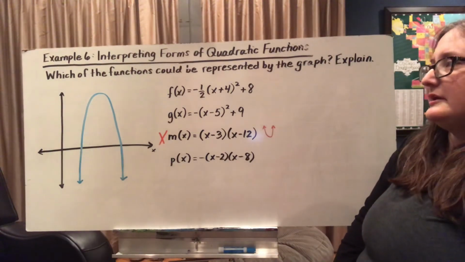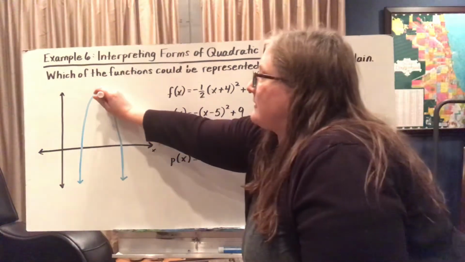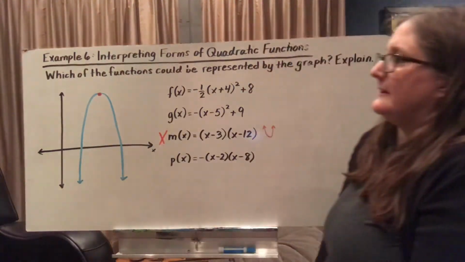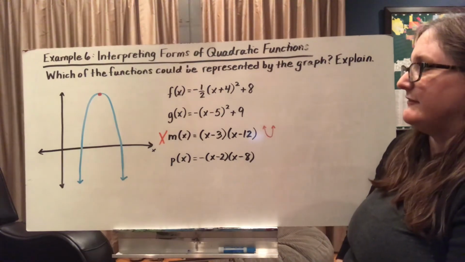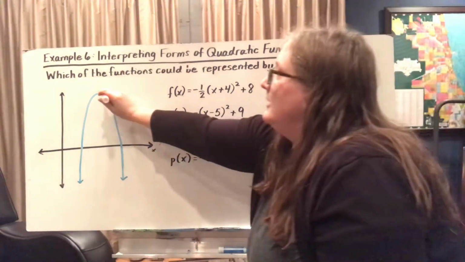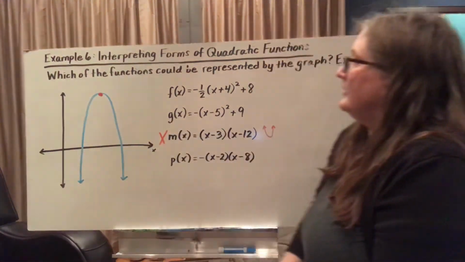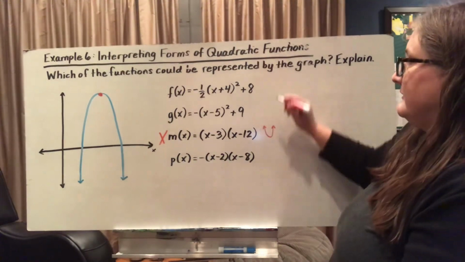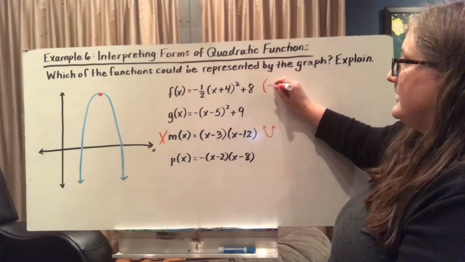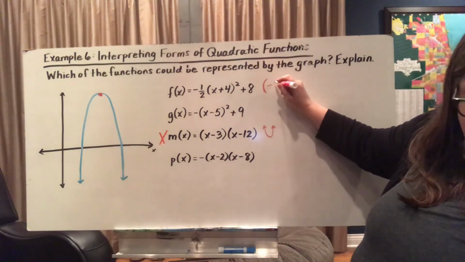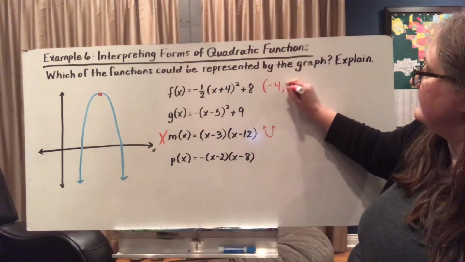I also notice that the vertex for this parabola is going to be somewhere up here in the first quadrant. It's got to have a positive x and y value to be this vertex. So I'm going to look at my vertexes here. This one's vertex would be at -4, 8.